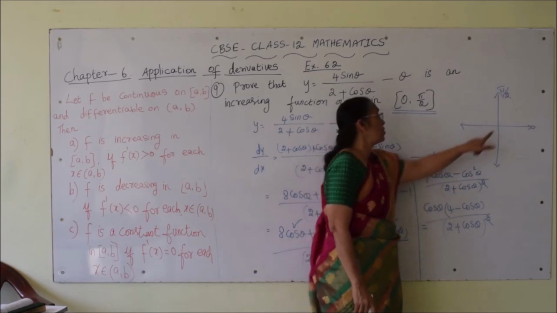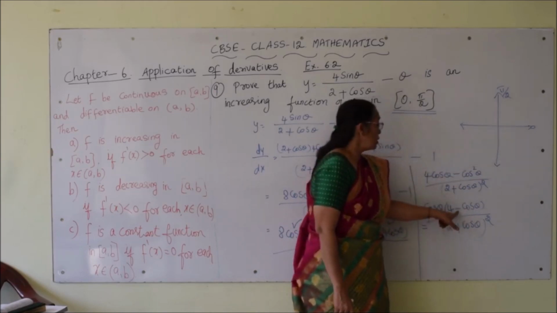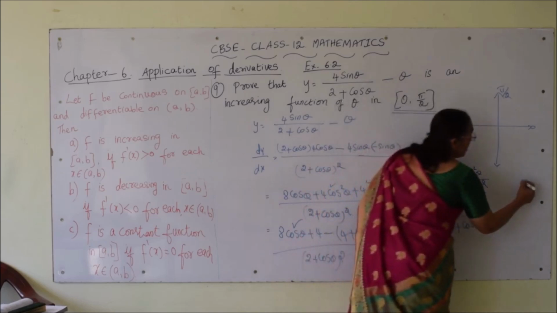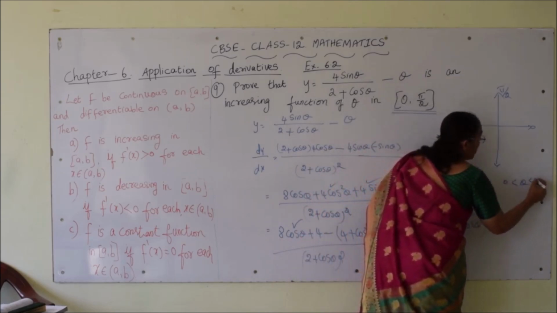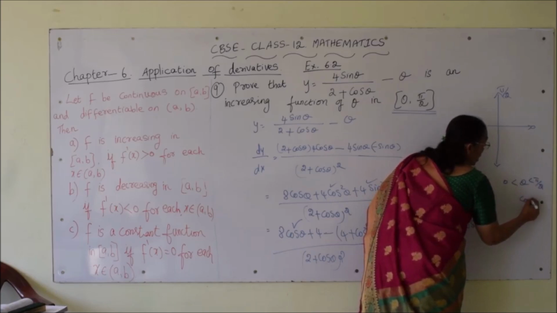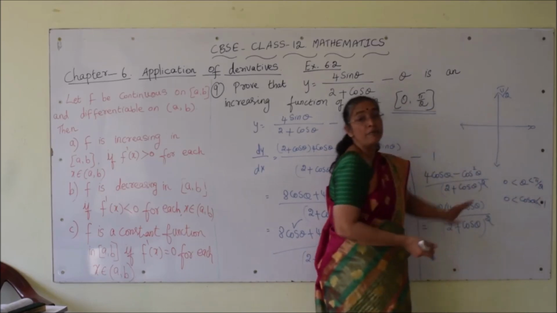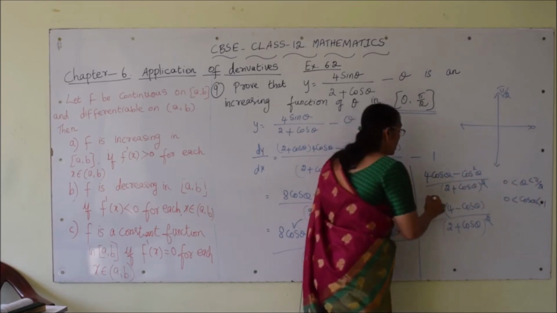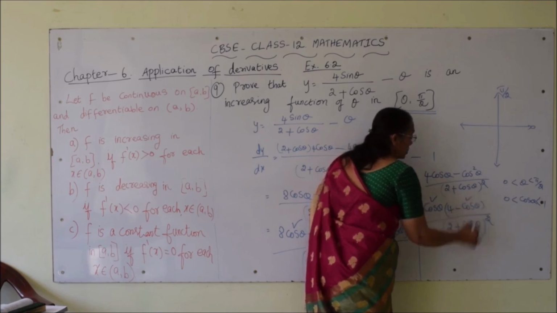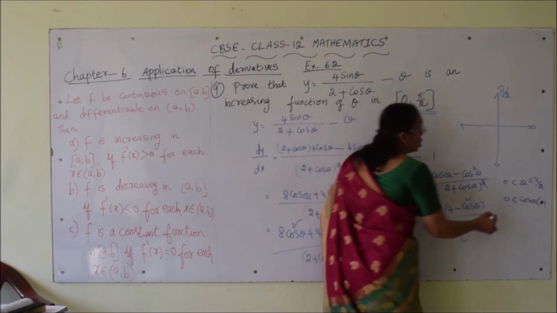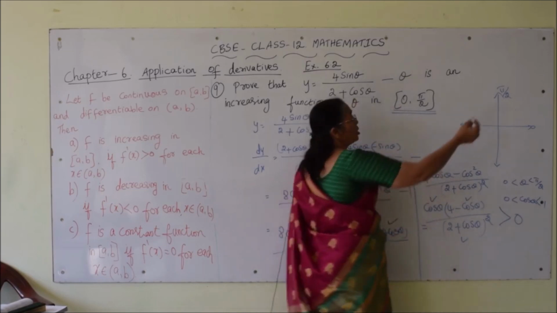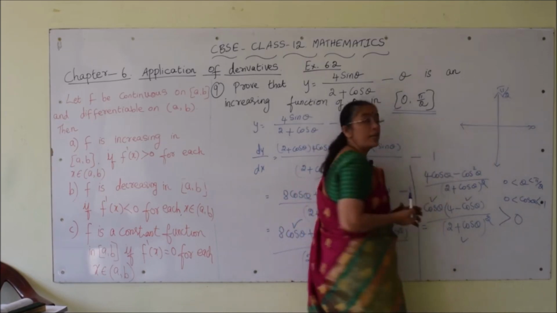And coming to 4 minus cos theta, when theta is between 0 and pi by 2, our cos theta values are between 0 and 1, its minimum value is 0 and its maximum value is 1. So this is positive and this is also positive. So our dy by dx is greater than 0 in the first quadrant 0 comma pi by 2.